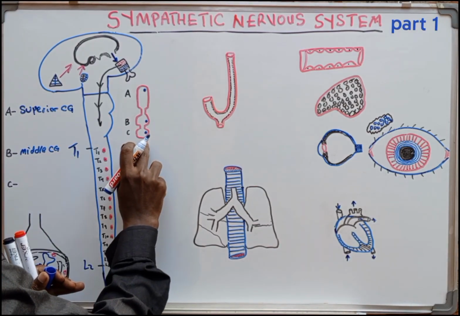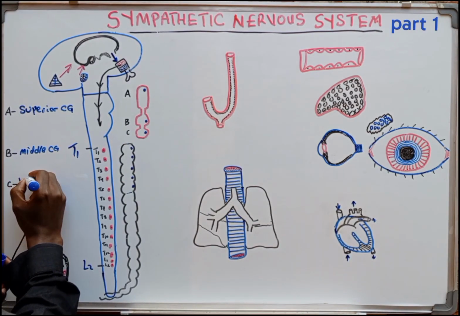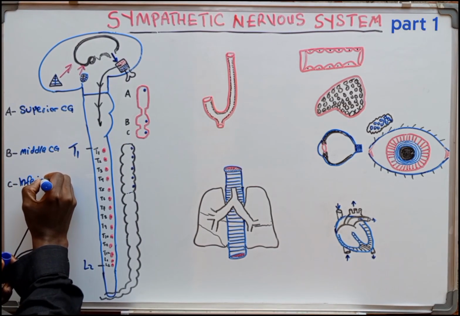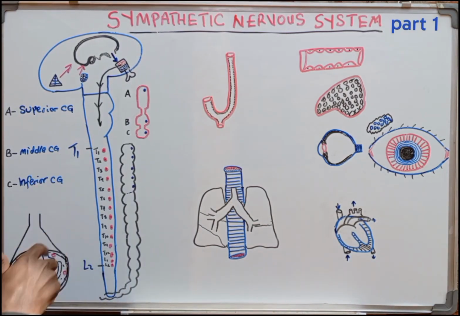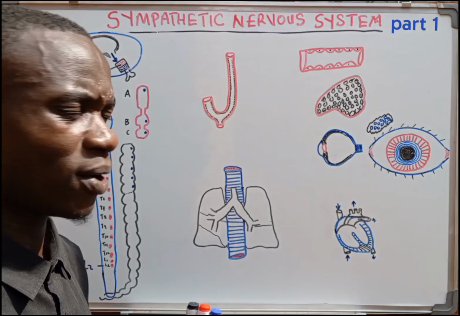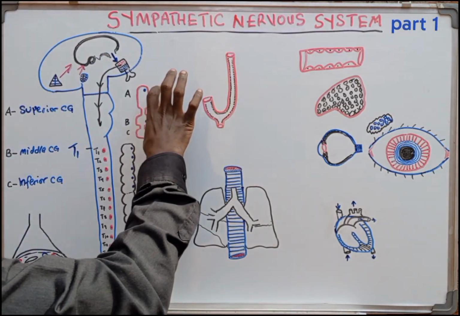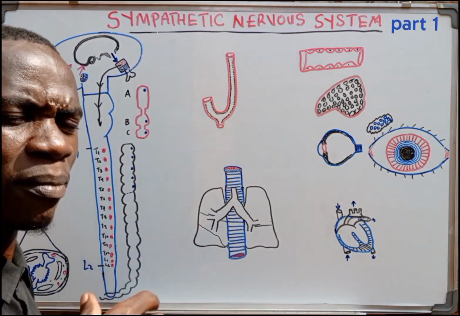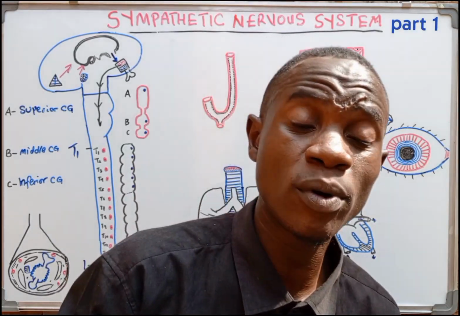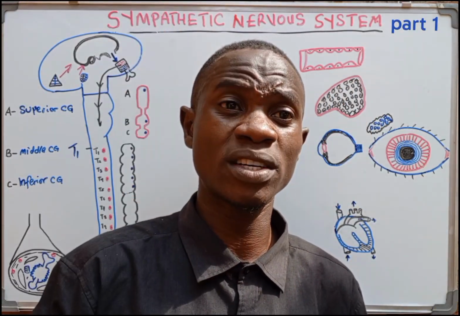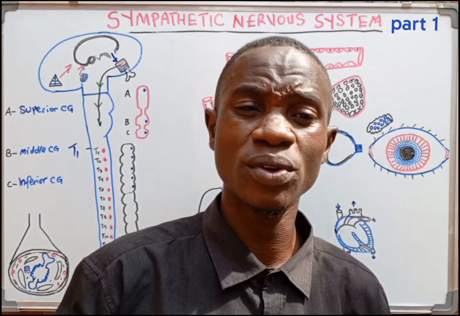And then this one down here is what we call the inferior cervical ganglia. Okay, I'm just writing them as cervical ganglia in short because I don't want to congest this area. Now these are the ganglia through which some of the preganglionic motor fibers of the sympathetic nervous system pass to go and innervate different structures of the head and also the neck.